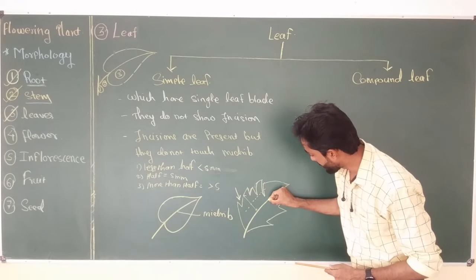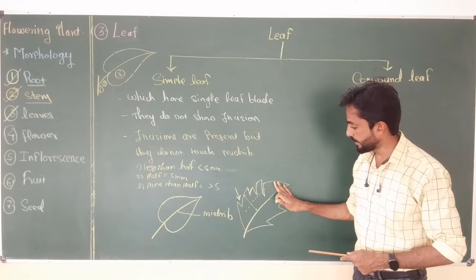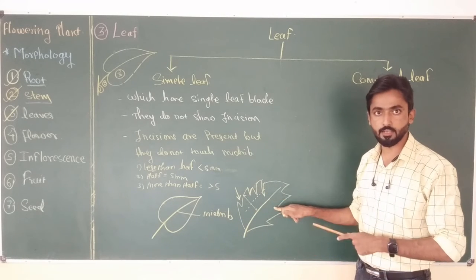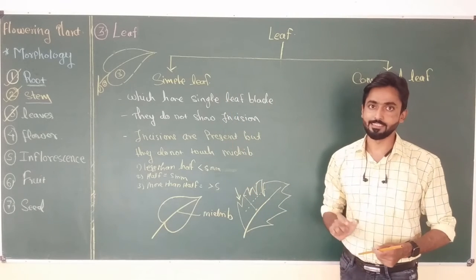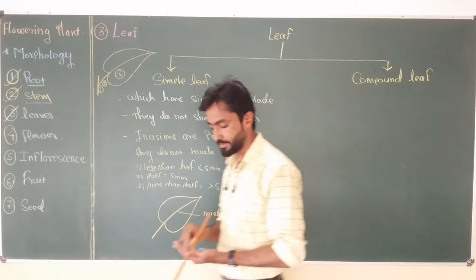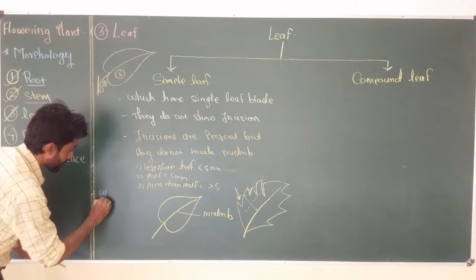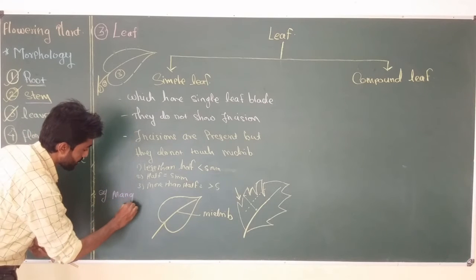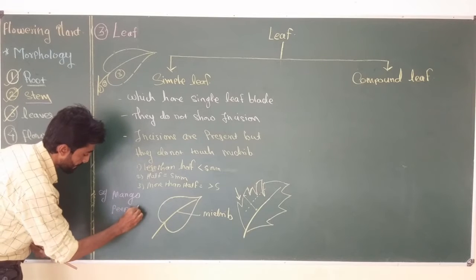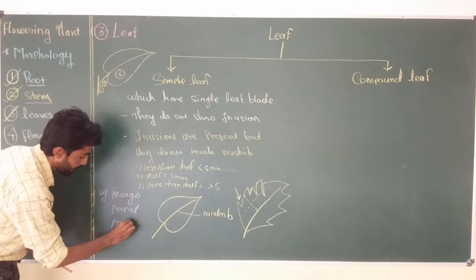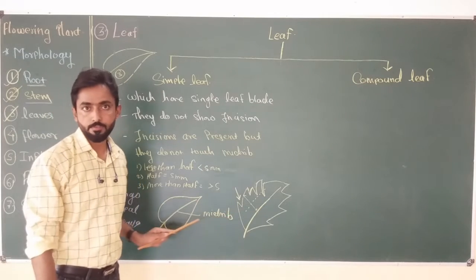This is the midrib of the leaf, and since the incisions do not touch it, the leaf ultimately remains single, so it is called a simple leaf, even though it shows cuts. Well-known examples of this type of leaf are mango, peepal, papaya, and many other plants.